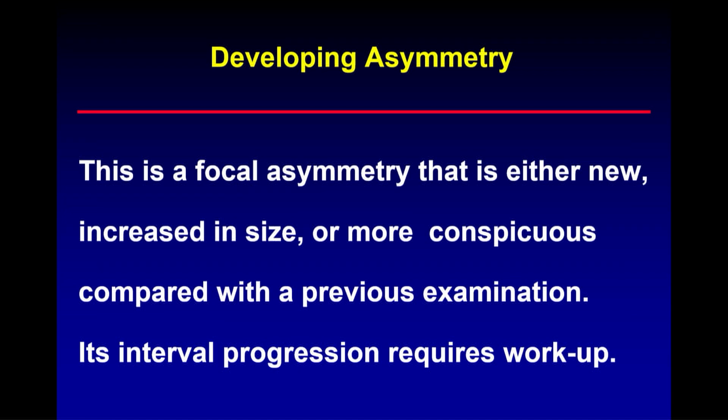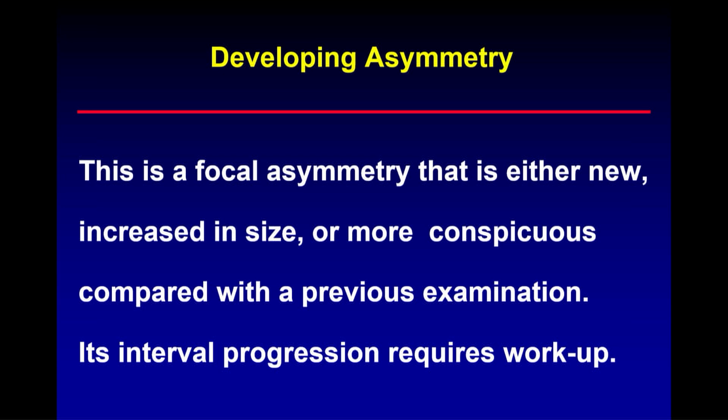The definition in BI-RADS of a developing asymmetry, and this will hold whether it stays as a category or not, is that it is either new, larger, or more conspicuous. New, larger, more conspicuous. They're all different, they're all worse. They all imply growth.